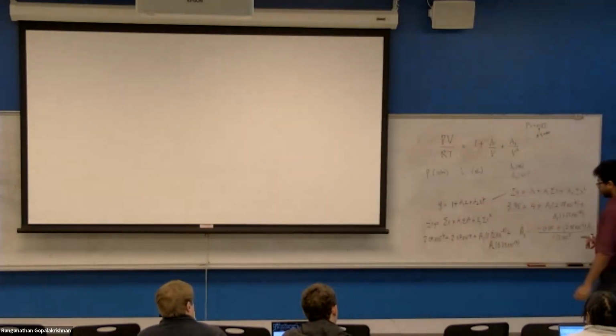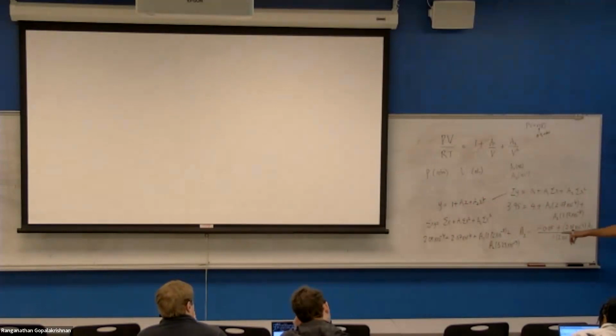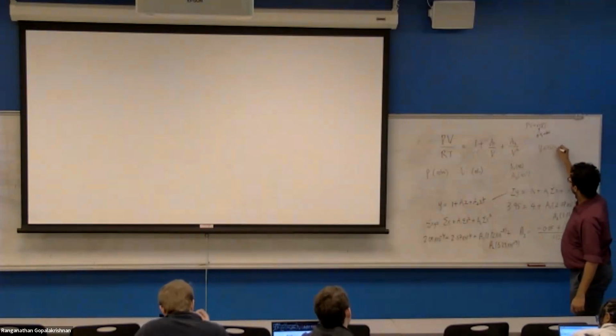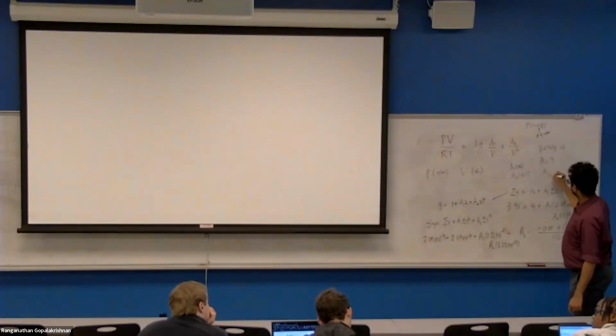So you need to substitute for a1 and substitute for a2 in terms of a1 and solve. You can complete it from here and verify if a1 equals and a2 equals.